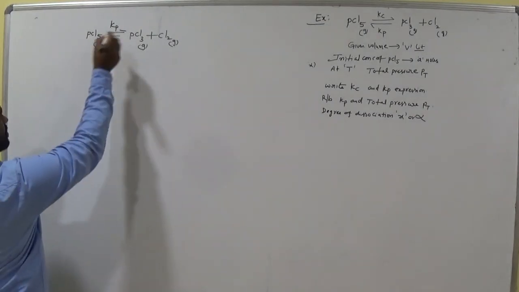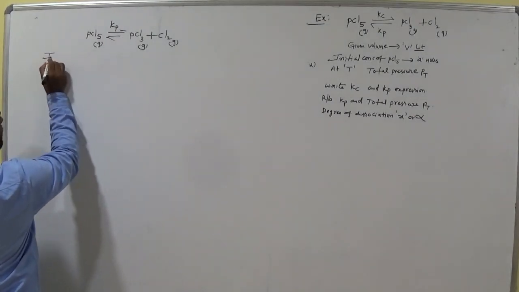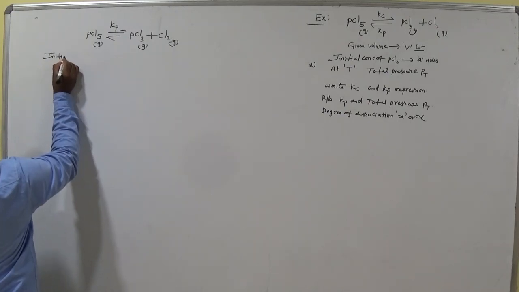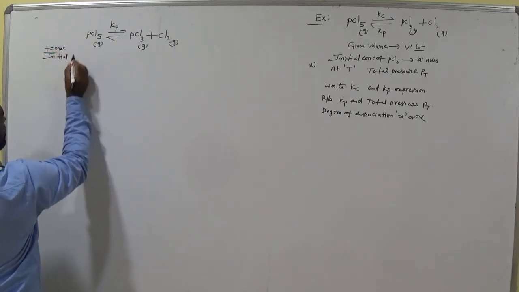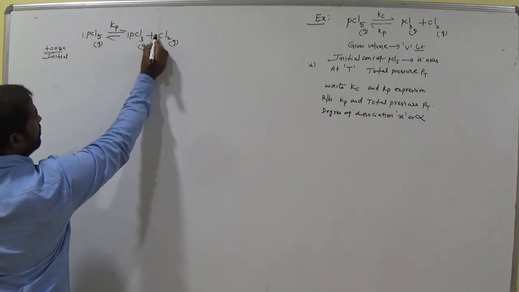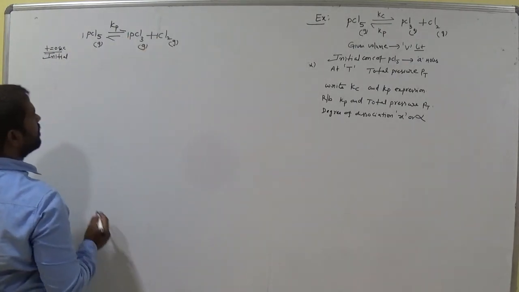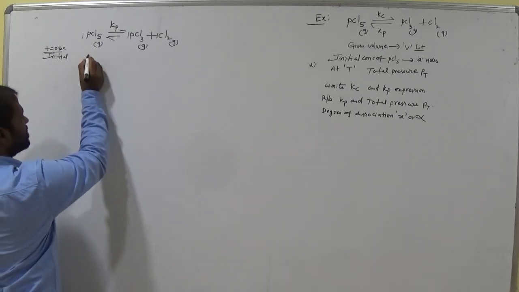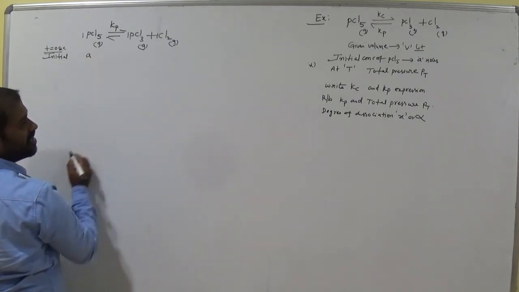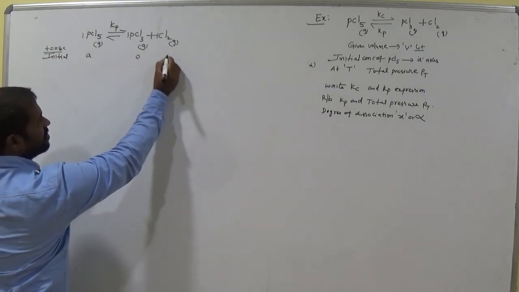Remember this. Initially, at time t equals 0 seconds, here it is 1 mole. So the given moles, that means the initial concentration or initial moles, are A. Here it is 0.